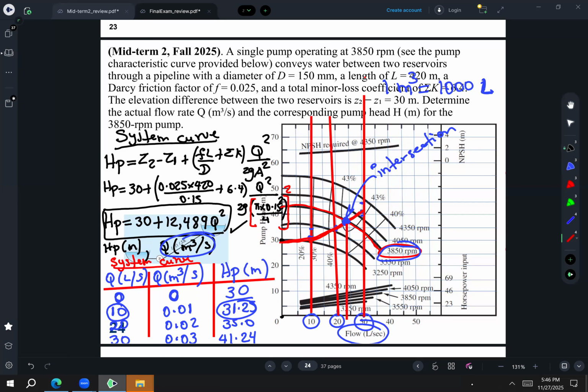It's not 25, it's a little more than 22.5, so we can say Q is about 23.5 liters per second. The pump head can be obtained by drawing a horizontal line there. It's more or less in the middle of 35, so Hp will be about 37.5 meters. And that will be the answer to this problem.